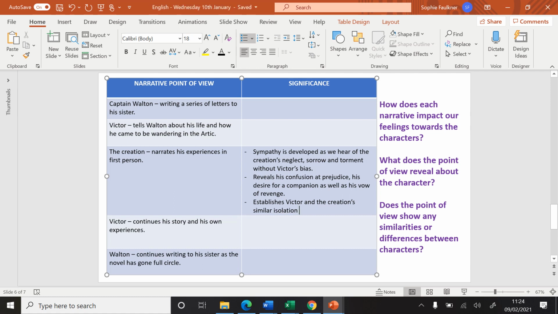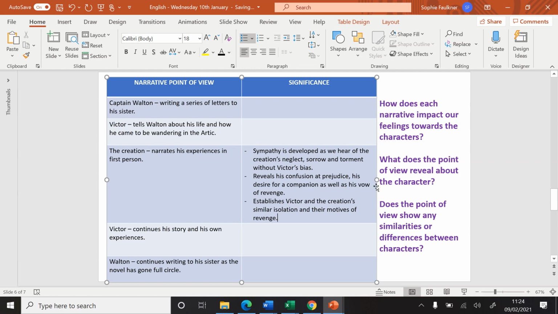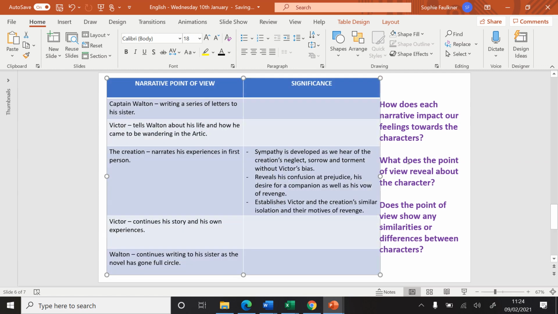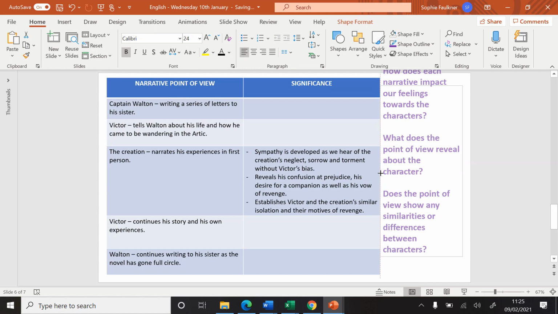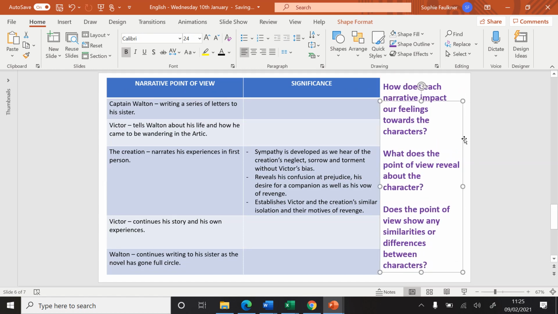Because ultimately, if Victor had not neglected the creation, both of them might arguably feel less pain as they go through the text. It establishes Victor and the creation's similar isolation and their motives for revenge, I would say, as we learn a little bit about why both of them want to exact their own revenge on the other.